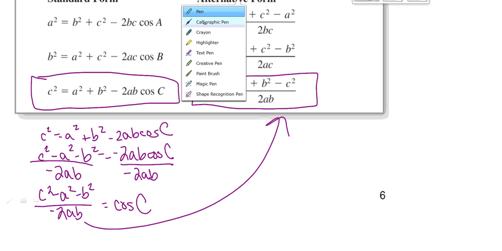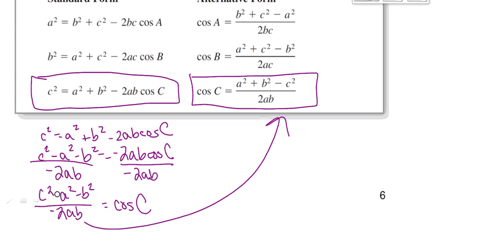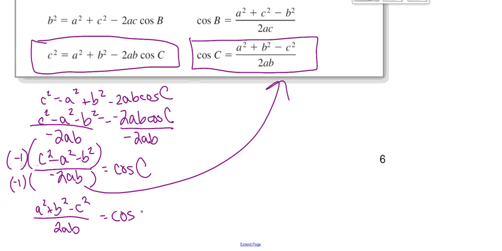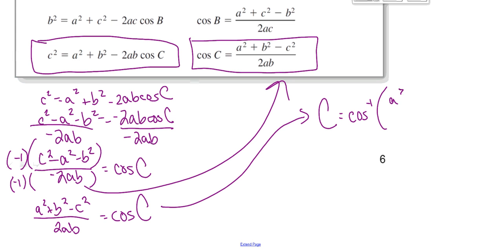And because I'm dividing by a negative, if we multiply everything by negative 1 over negative 1, we would get, and I'll rearrange it as I go, a squared plus b squared minus c squared all over 2ab equals cosine C. That also means that capital C is equal to the inverse cosine of a squared plus b squared minus c squared all over 2ab.